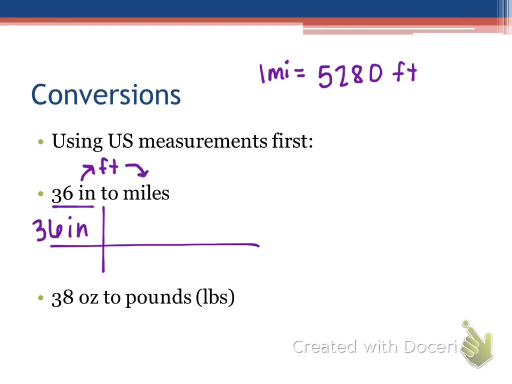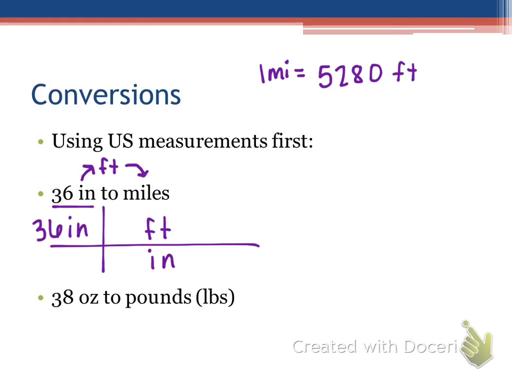When we're using this dimensional analysis or T-chart system, we need to make things cancel, because essentially this is one big fraction. We're multiplying a bunch of fractions here. If I want to get rid of inches and go to feet, I need inches on the bottom so that it cancels and feet on top.